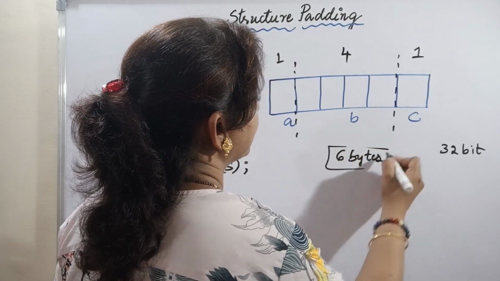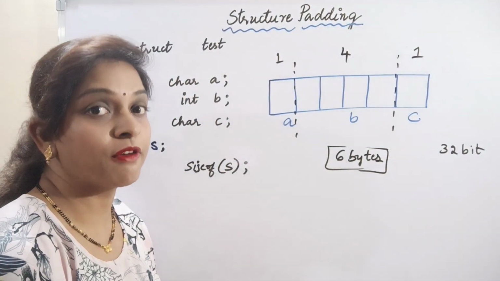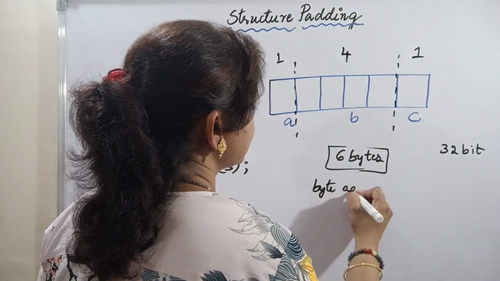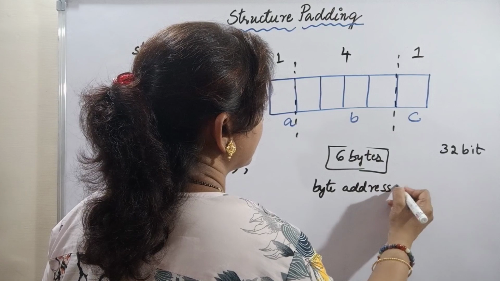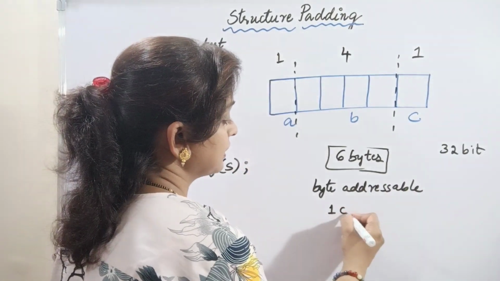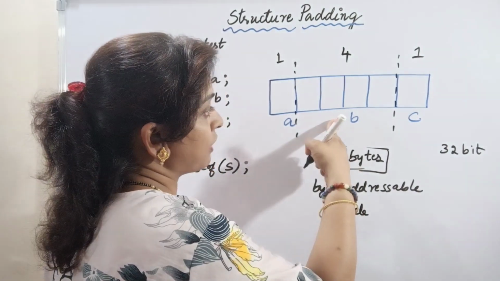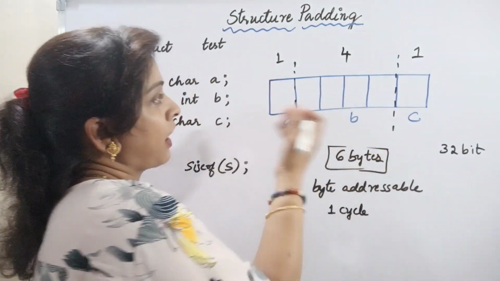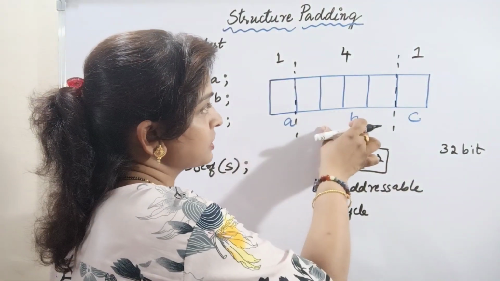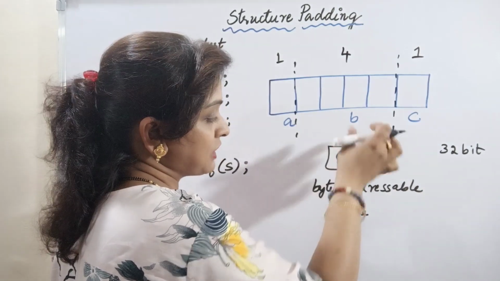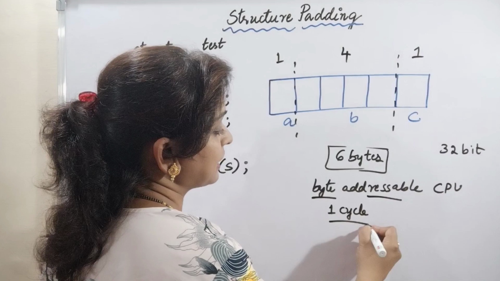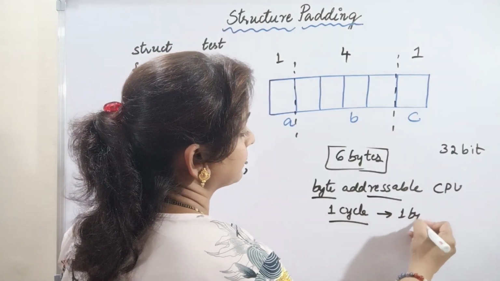But this is in the case of byte addressable. If this is byte addressable, then the CPU, in one cycle, can fetch only 1 byte. If I talk about a character, it is 1 byte, so I can easily fetch it. But for this integer which consumes 4 bytes, if it is byte addressable, in one cycle it will fetch 1 byte.